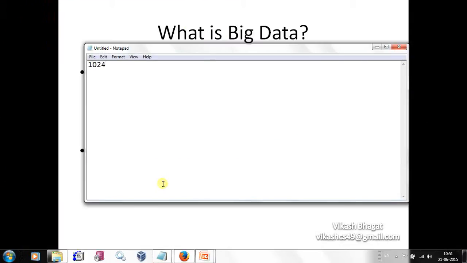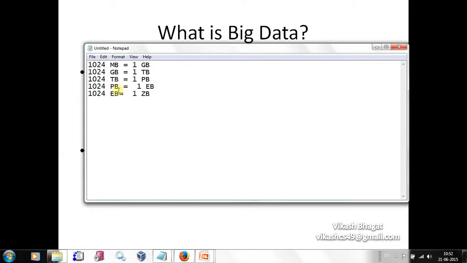I think almost all of us know that 1024 MB equals 1 GB, and 1024 GB equals 1 terabyte, and 1024 terabytes equals 1 petabyte, and 1024 petabytes equals 1 exabyte, and 1024 exabytes equals 1 zettabyte.